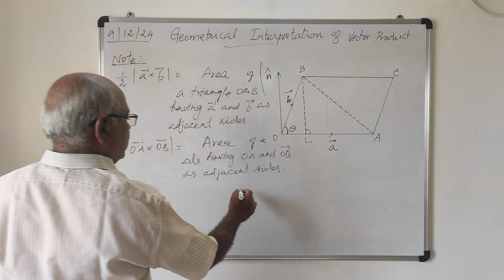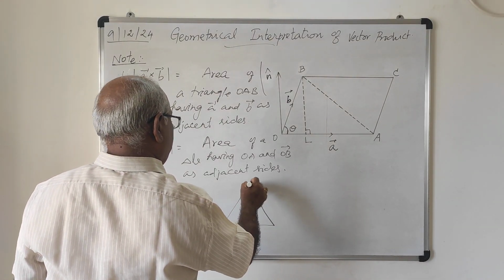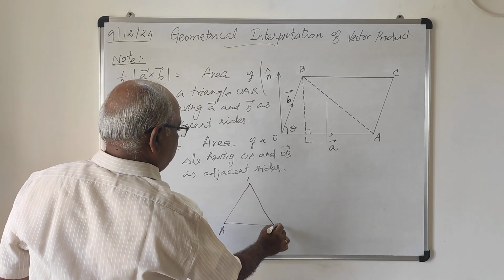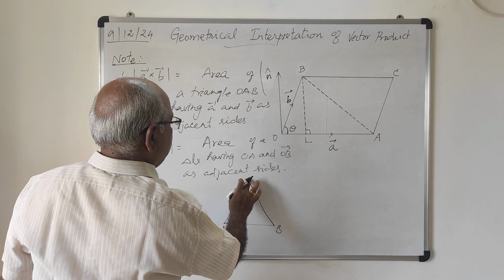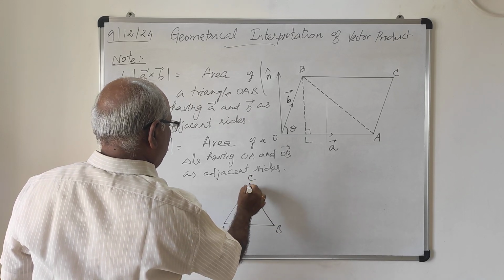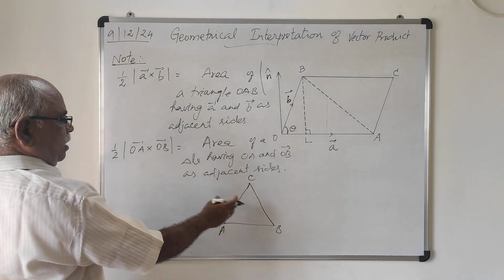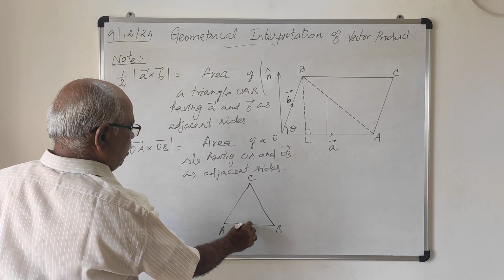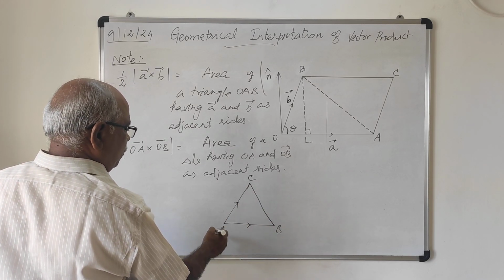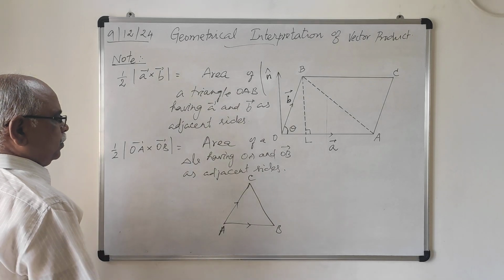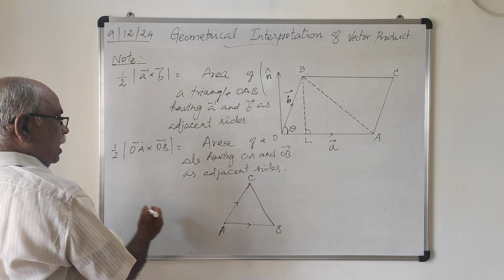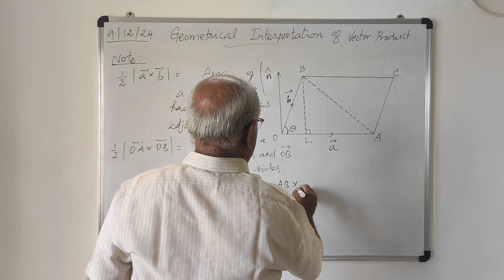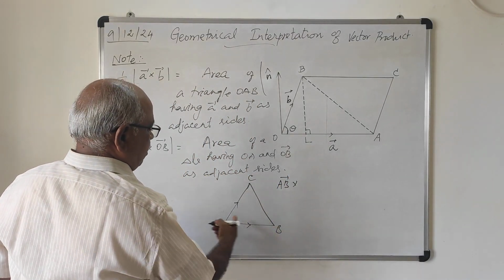For example, you consider a triangle A, B, C. You consider this triangle. So the area of the triangle ABC is half of mod of AB vector cross AC vector.